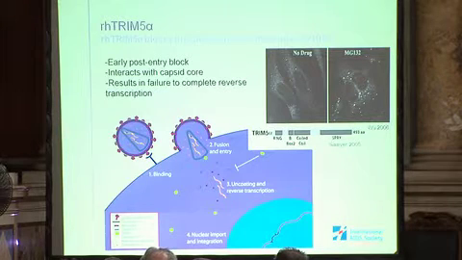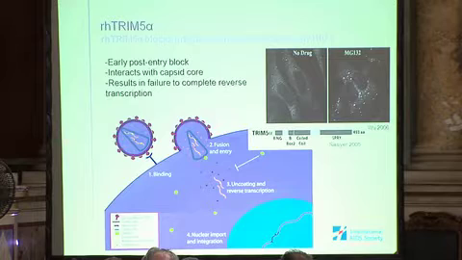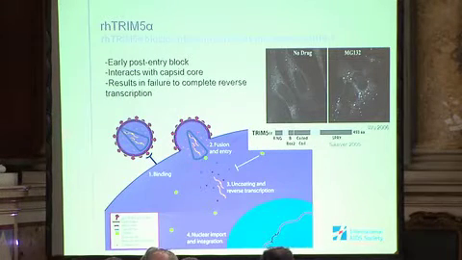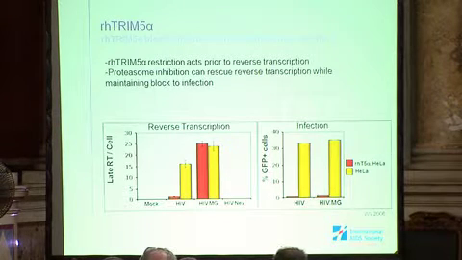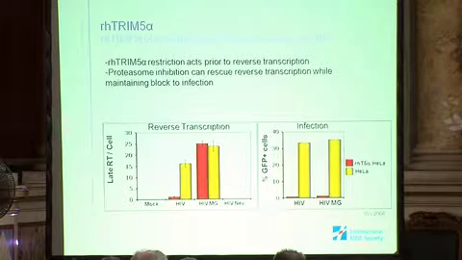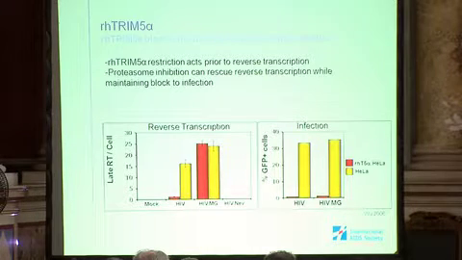So we know that after the virus capsid core is deposited into the host cell cytoplasm, the TRIM5 alpha recognizes the capsid, and this normally results in a failure of the virus to complete reverse transcription. We know this by using quantitative PCR looking at late reverse transcription products. If you look in the left panel, the first pair of bars is in red, cells expressing TRIM5 alpha, and in yellow are just plain HeLa cells, and you can see that reverse transcription is very potently blocked.